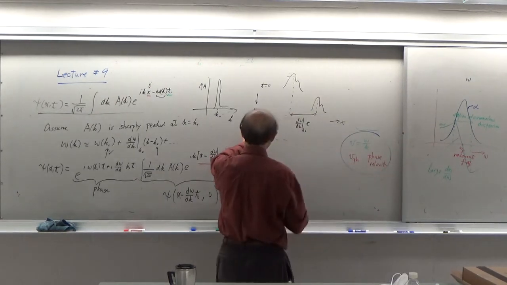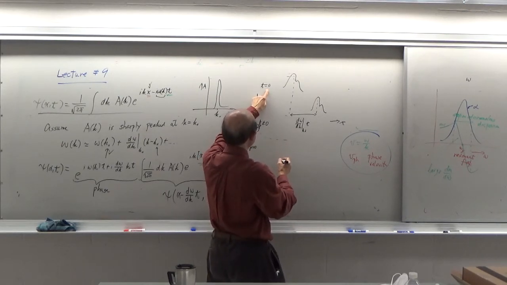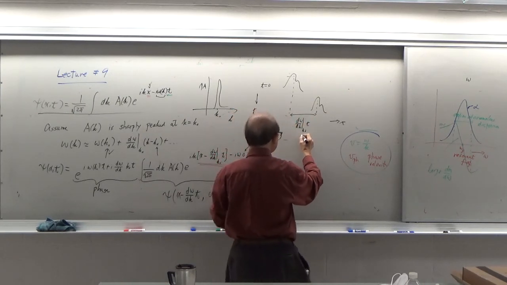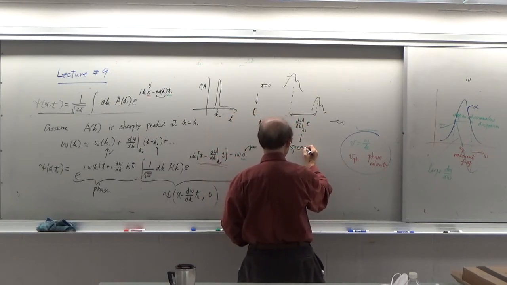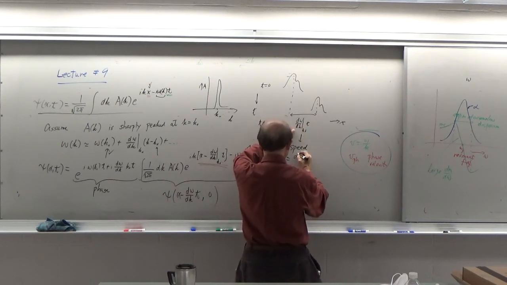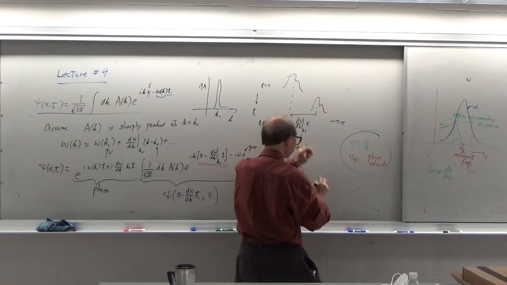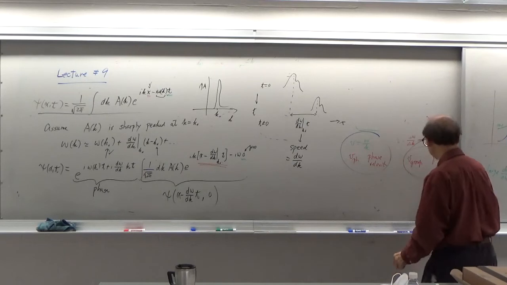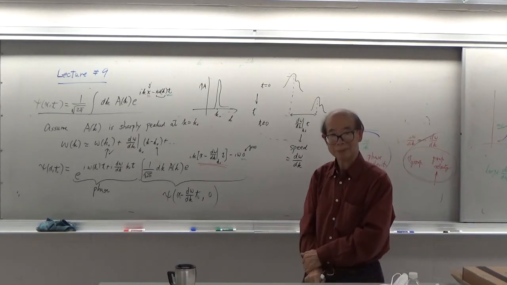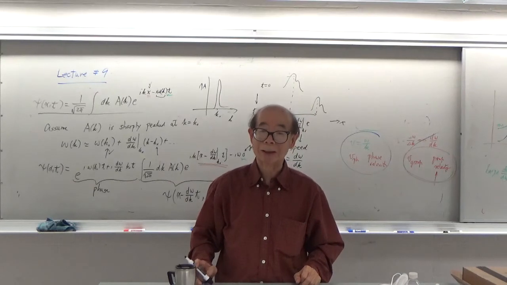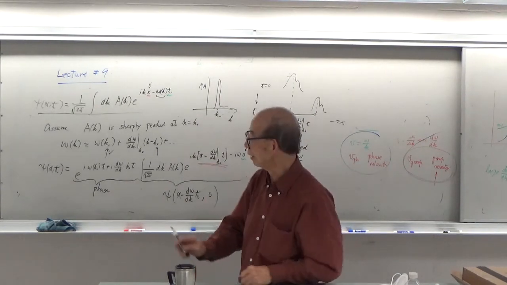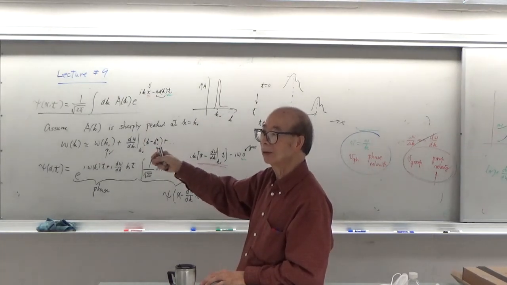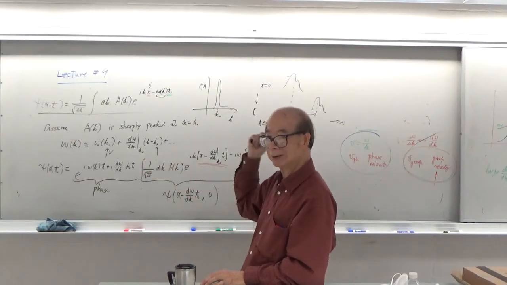So in the amount of time from t is 0 to t not 0, the wave has advanced by that much. So this tells me that the speed of propagation is equal to just that, d omega by dk. Lo and behold, this of course is just the group velocity of the wave. So it's the group velocity that determines how fast energy, and accordingly message information carried by that energy, propagate.